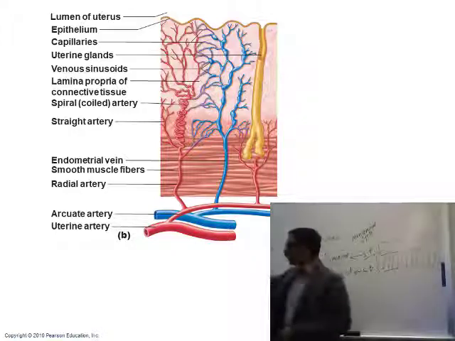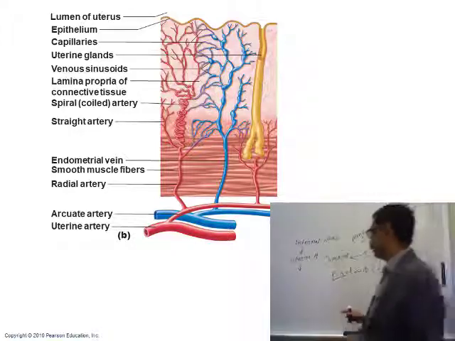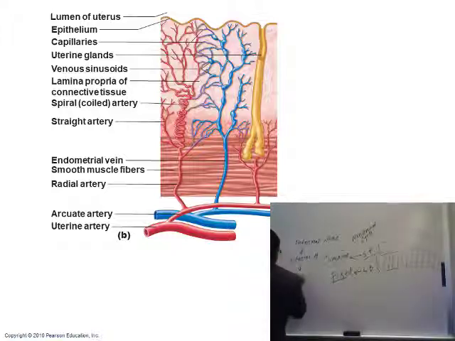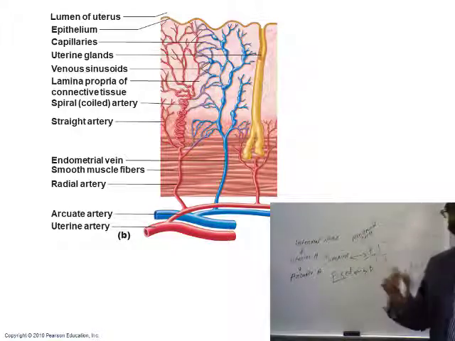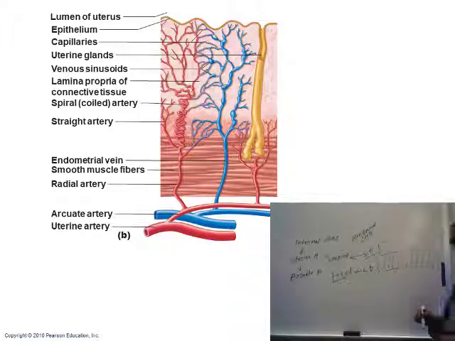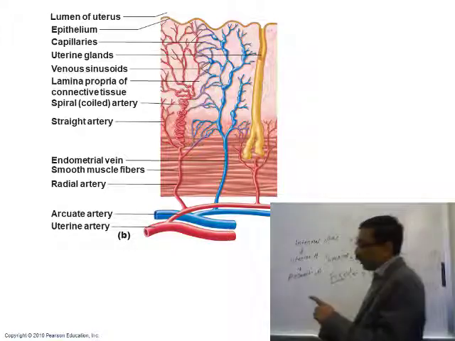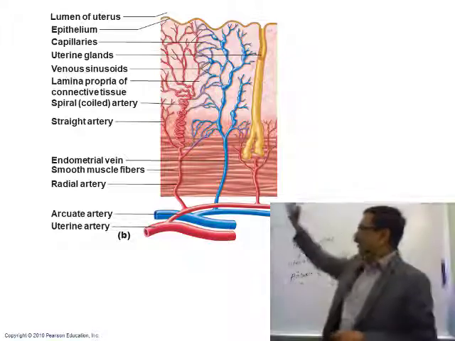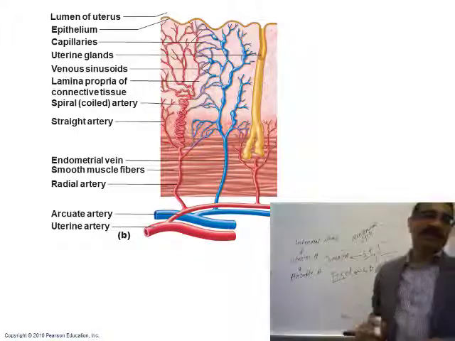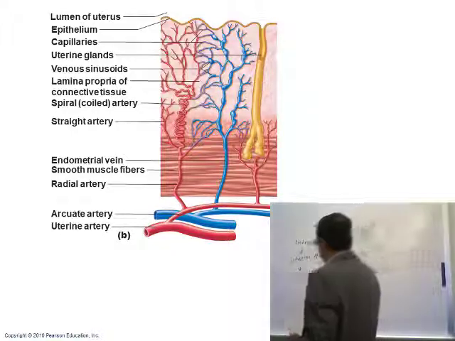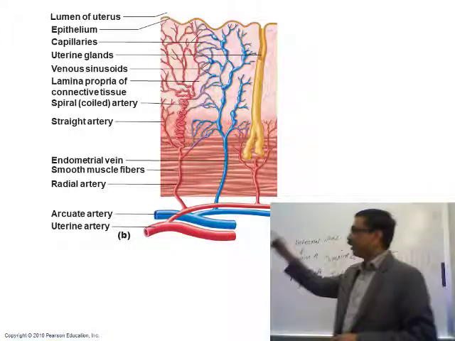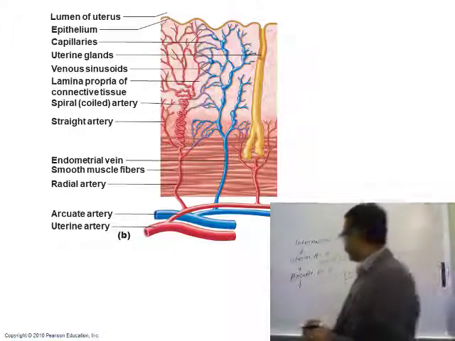Then from the uterine artery, you get the arcuate artery. You have seen arcuate in the kidney, right? Also, you have arcuate here. So from the uterine artery, branches arise, those are arcuate arteries. And from the arcuate artery, the branches go to the stratum basalis. These are the radial arteries.